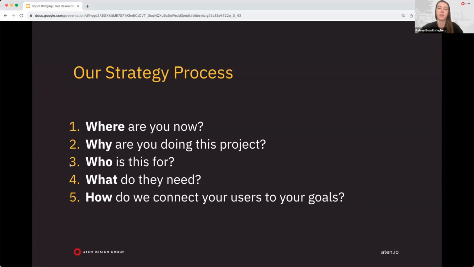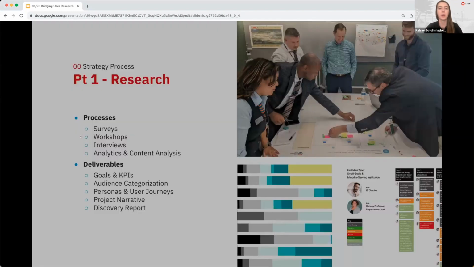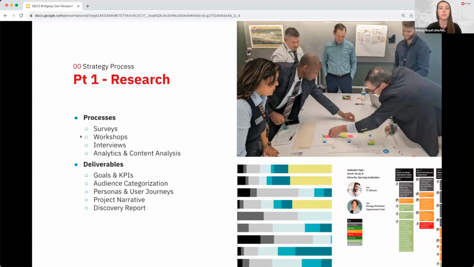So just to clarify this a little bit more, our strategy process really breaks down into two overall phases. The first being our research phase. So this is where we're going through a variety of processes, including surveys, both internal and external, workshops, either again, internal or external or virtual, as you're seeing in that bottom right hand corner, or in person, as you see in the upper right.